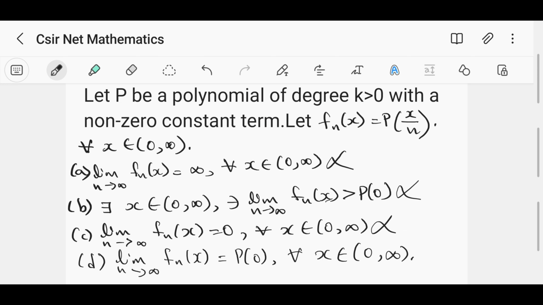Only option D, limit as n tending to infinity f_n(x) is equal to P(0) for all x belonging to the open interval (0, infinity), is the correct option. So option D is the only option which is right, and this is a Part B question, so only one option is right. So option D is the correct answer. Thank you.